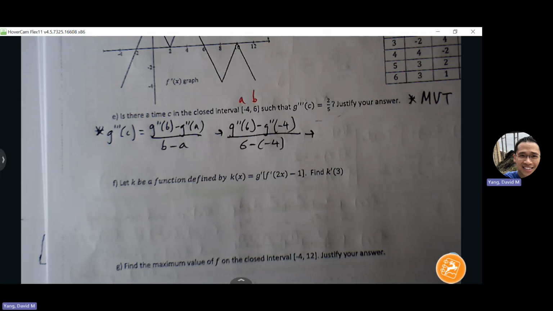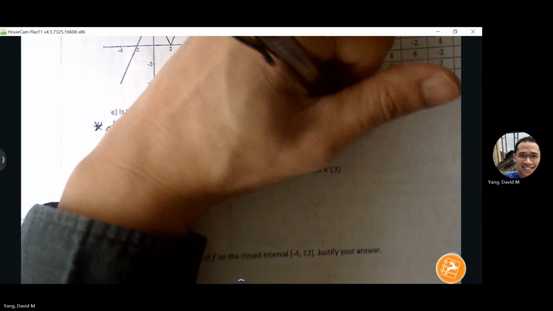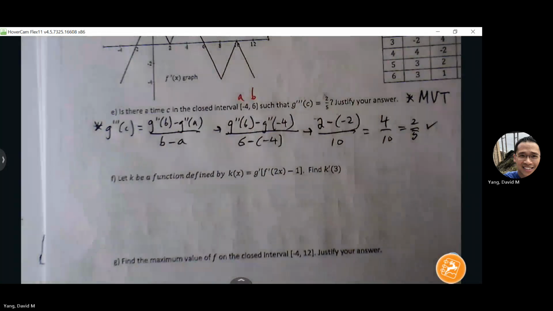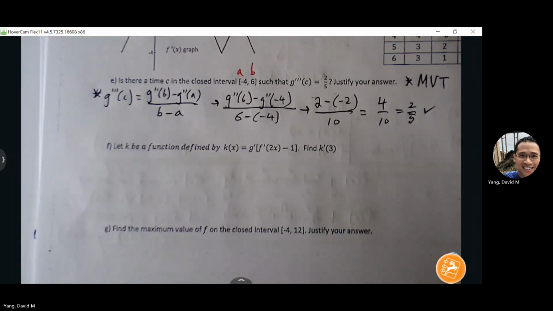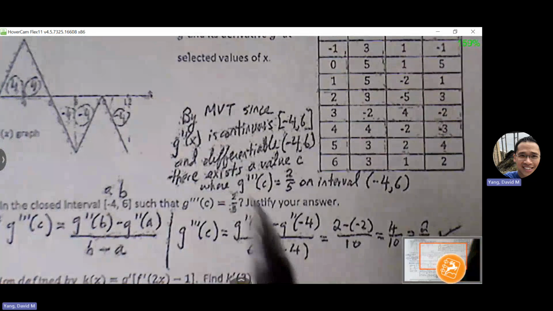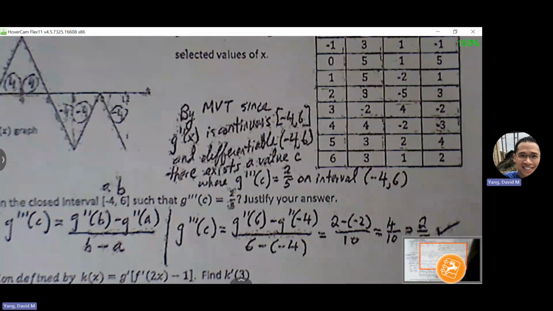Okay, we go to our table, find those values. Okay, so here's our reasoning by mean value theorem. Since G double prime is continuous and differentiable, there exists a value C where G triple prime is equal to 2/5 on the interval from -4 to 6.